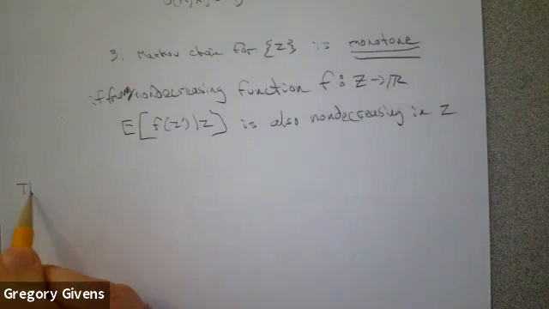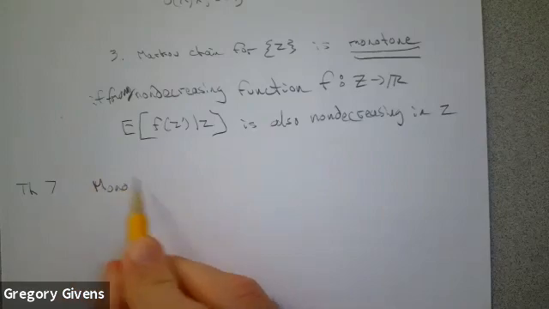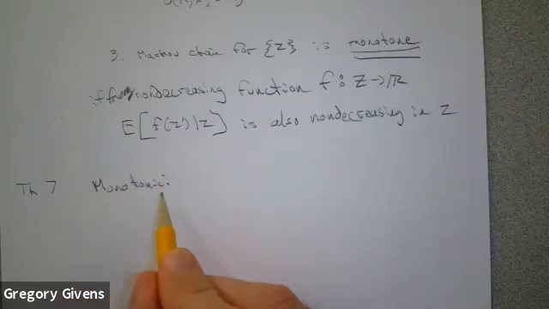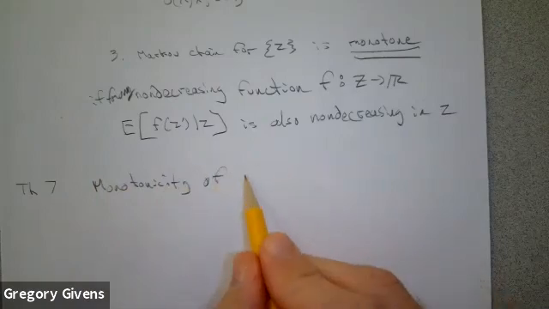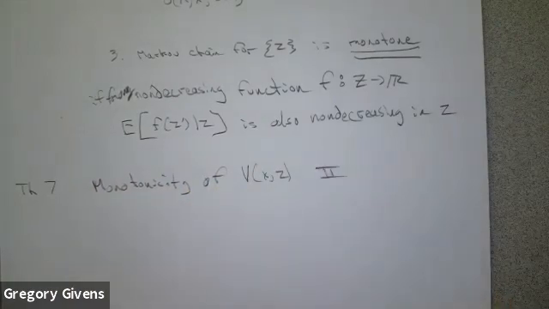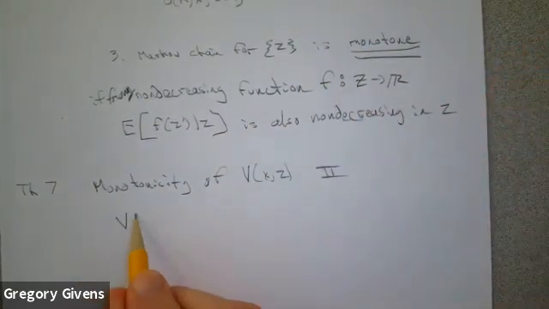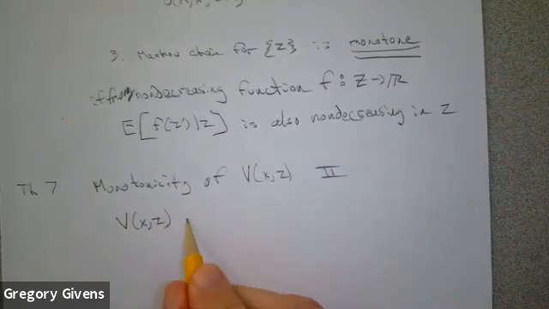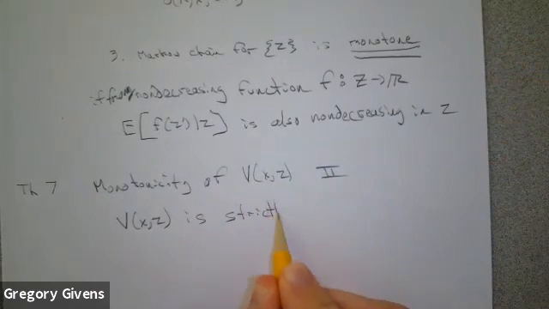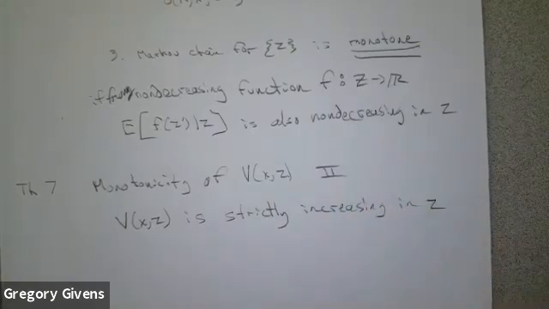Okay. This is enough then to establish Theorem 7, which is the monotonicity of the value function, and I'll call it part 2, which says that if all of these assumptions hold, including this most recent one I've just talked about, then V is strictly increasing in Z. So not only is the value function increasing in a state variable X, it should also be increasing in the shock itself.